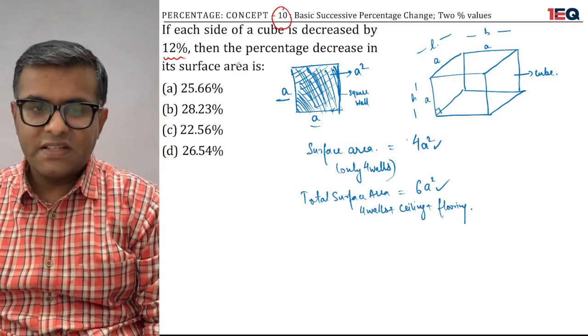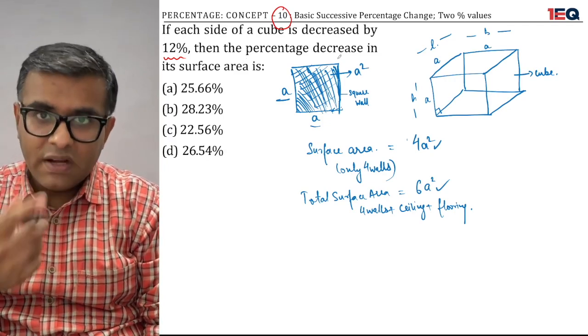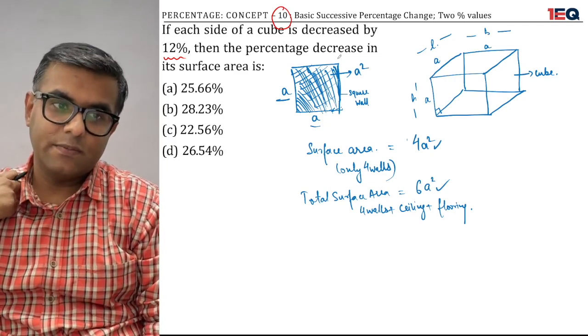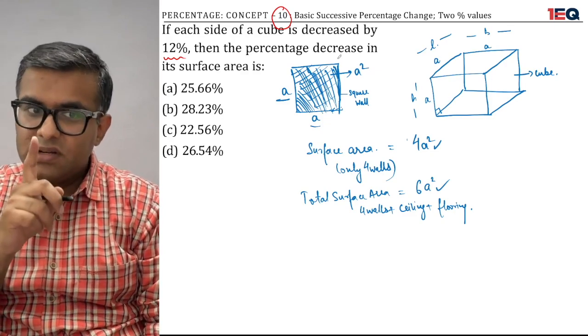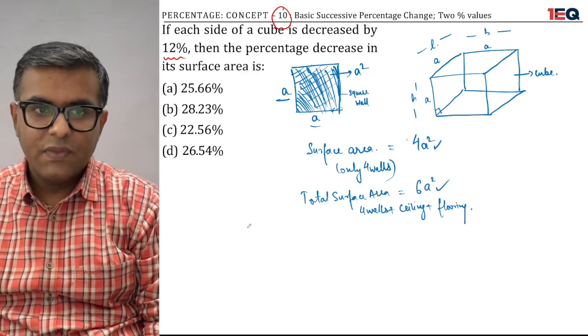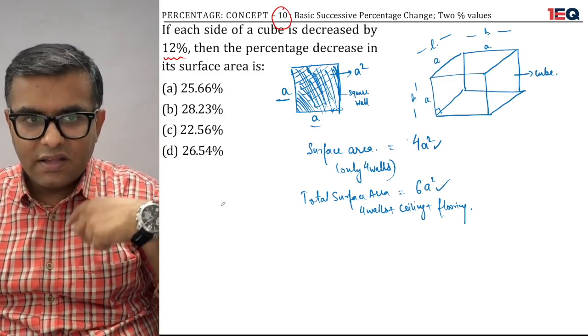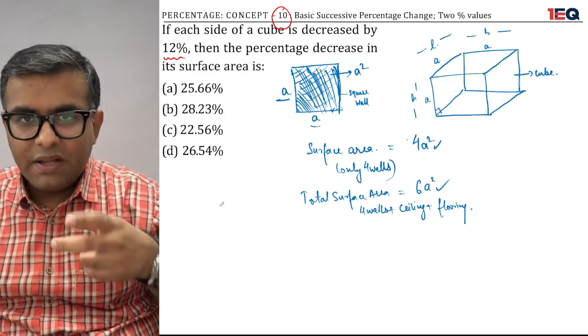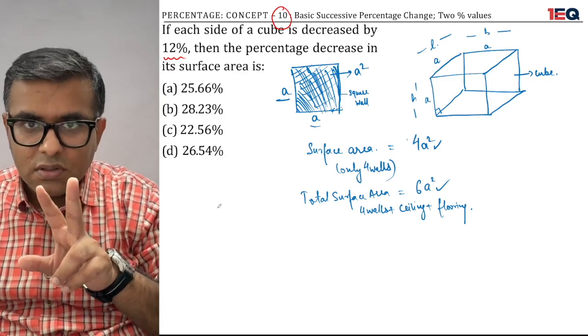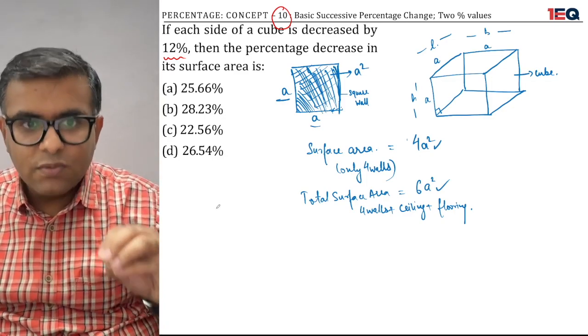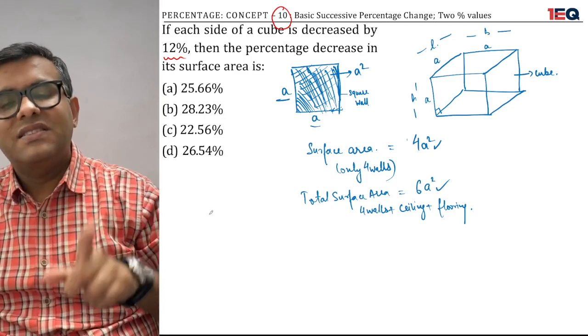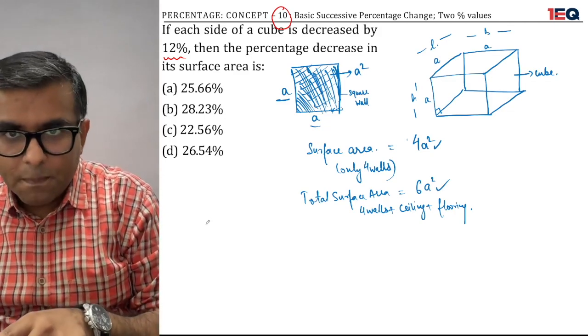I'll first solve the question and then I'll tell you why we do not need a formula in solving this type of question. The percentage decrease in surface area is asked. So if the side of a cube is decreasing and there is a multiplication of it two times, then the side would decrease once and successively the side would decrease one more time.